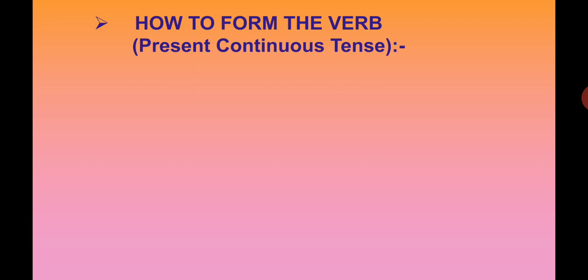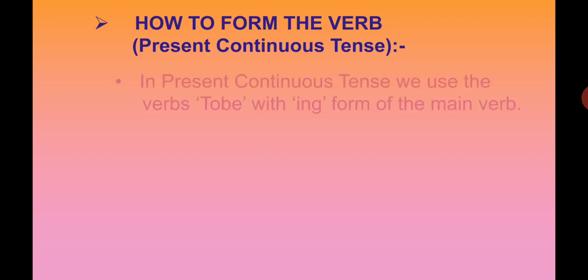In the simple present tense, we add s and es to make the verb in a simple present form, right? Here in present continuous form, what will we do? Let's see.